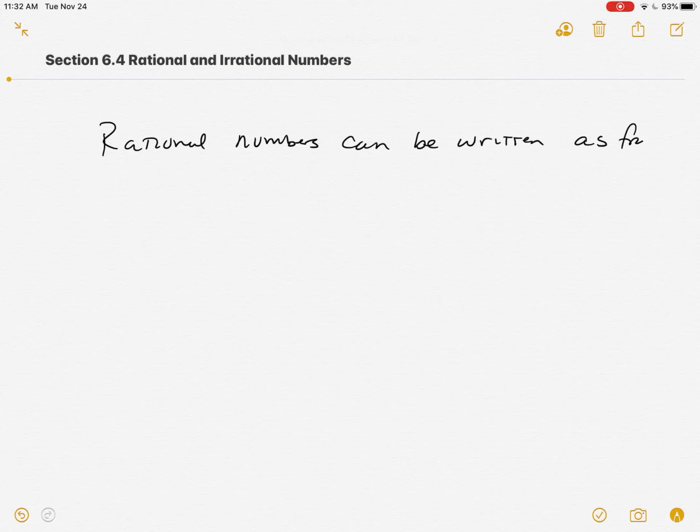In this 6.4 section, everything is focused on identifying rational and irrational numbers. And so let's talk about that. Rational numbers can be written as fractions.